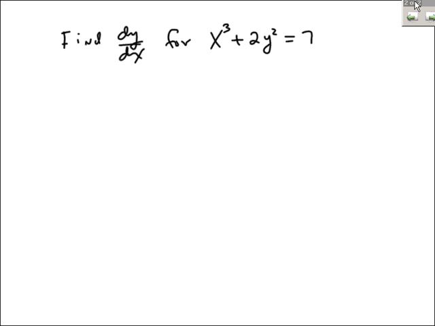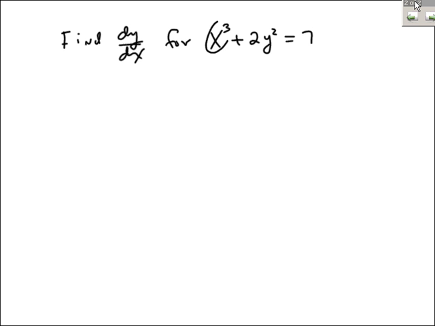Okay, so let's try a more complicated problem. Find dy dx. That is the derivative of y with respect to x. Find dy dx for x cubed plus 2y squared is equal to 7.